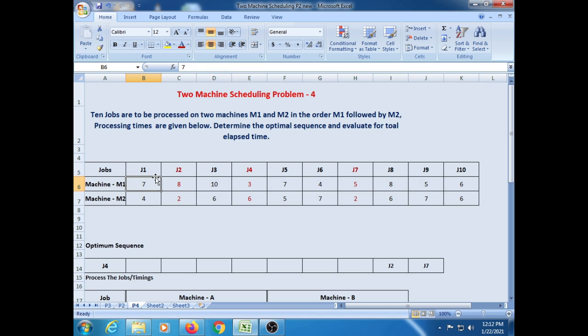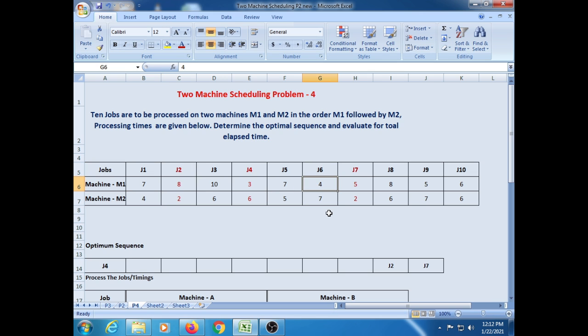So here we have job 1 processing time and job 6 processing time. These two jobs have the same processing times, but these processing times are relating to different machines. So here we have 4 and here we have 4.